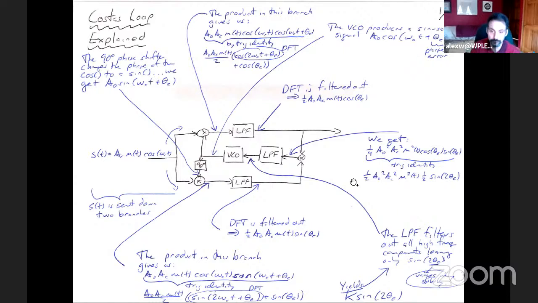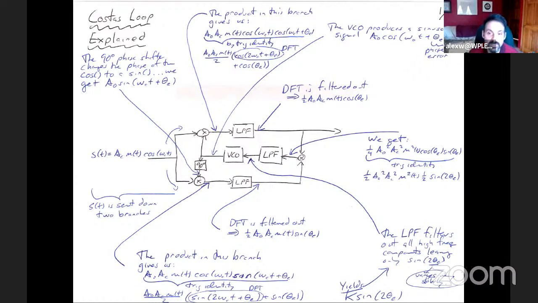So now we feed that through the low pass filter. What the low pass filter does is it removes all the high frequency components and only leaves the sine 2 theta e. What are the high frequency components? We make the assumption that m of t squared, because of the squaring term, is higher frequency than the sine 2 theta e.